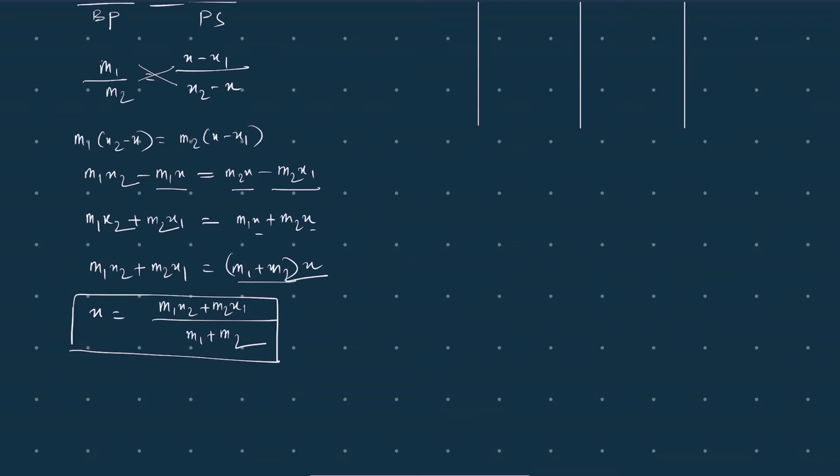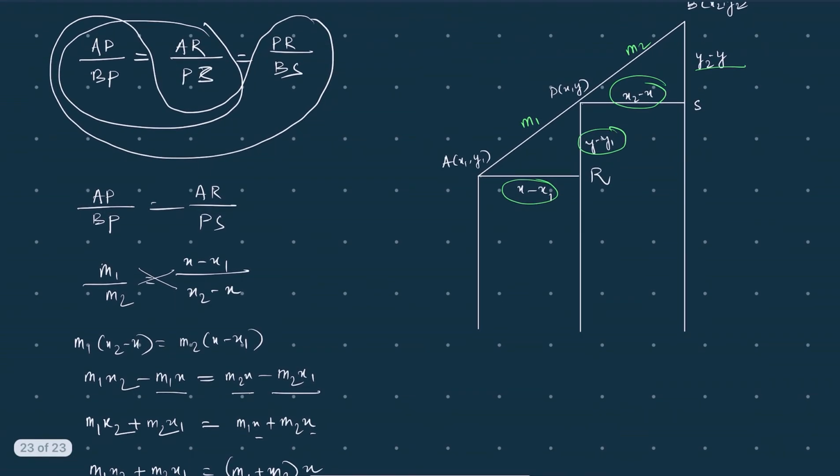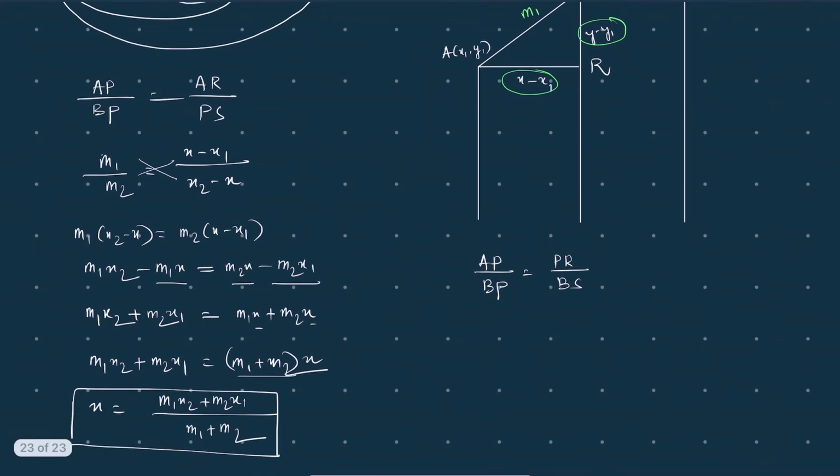Okay, now similarly we can do for the y coordinate. Take these two again, AP by BP is equal to PR by BS. Okay, now what is AP by BP?